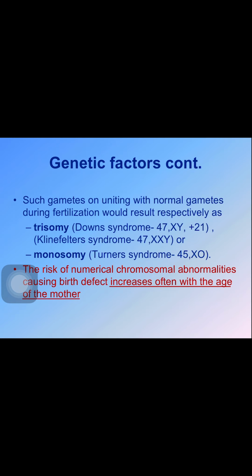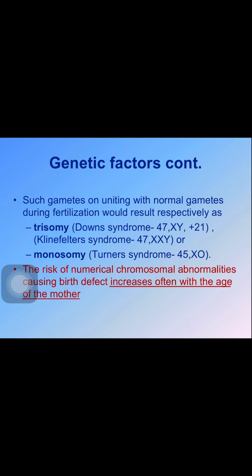Such gametes, on uniting with normal gametes during fertilization, would result in trisomy, that is Down syndrome, where an extra chromosome is present; Klinefelter syndrome, where again an extra chromosome is present; and monosomy, when one chromosome is absent.